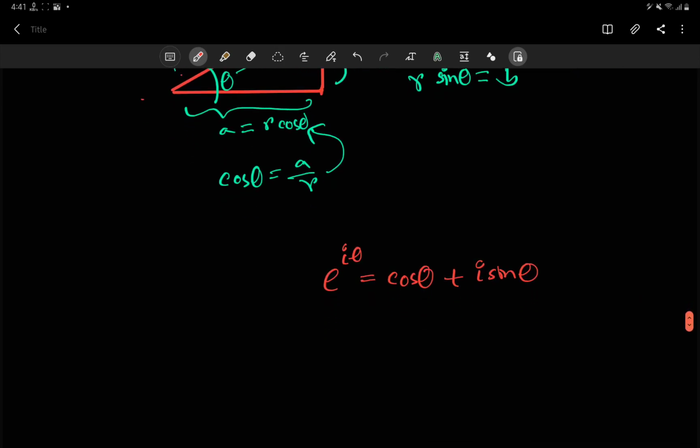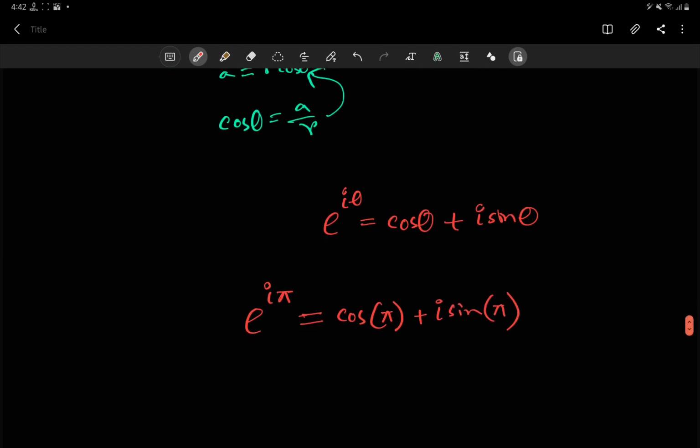So for example, this is how complex power is defined. You might have heard that e to the power i pi equals -1, and that comes from this identity. e to the power i pi equals cos pi plus i sin pi.